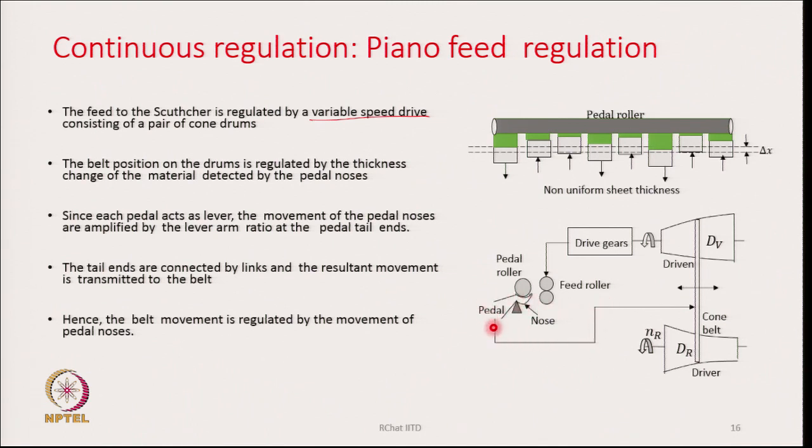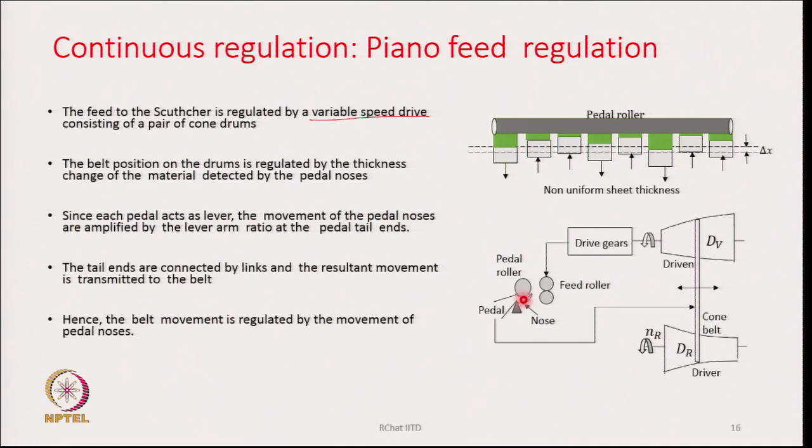The movement of the pedal ends is actually translated, and it reaches the cone belt which is driving the cone drums. Now, the belt position of the cone drum is regulated by the thickness change in the material detected by the pedal noses.